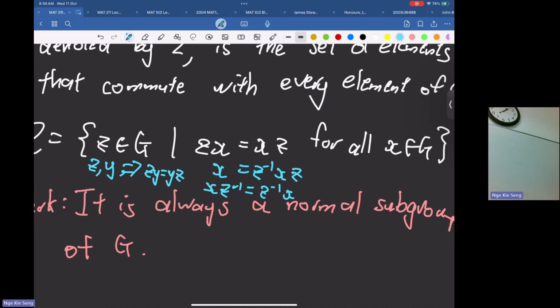And within themselves, they need to commute. Can you get it or not? So if you want to be in the center, you need to commute with everyone else, and within yourself, you also have to commute. Only this group of elements can be in the center.